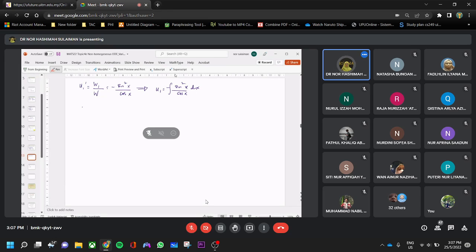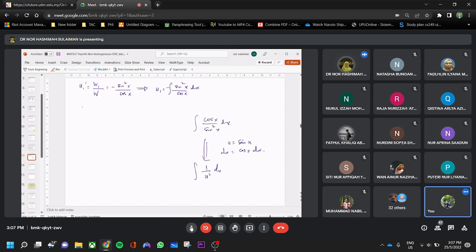Dia kalau katalah cos x over sin kuasa 2x dx, you bolehlah gantikan u sama dengan sin x, betul tak? du sama dengan cos x dx, betul? Betul. So yang ini akan jadi 1 over u squared du kan? Betul tak? Okay. But here we have the other way round, betul? So macam susah kita nak cari dia punya tu, okay?